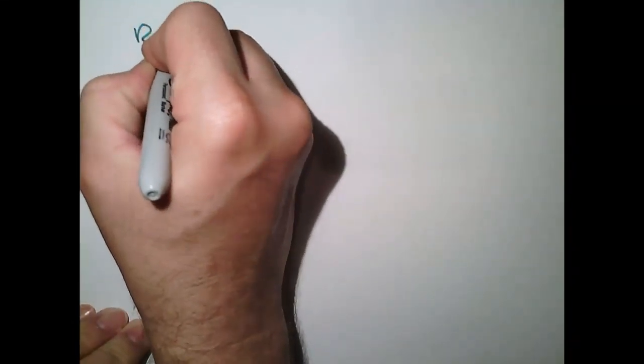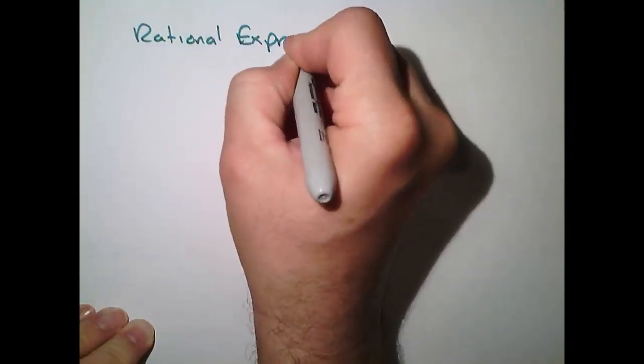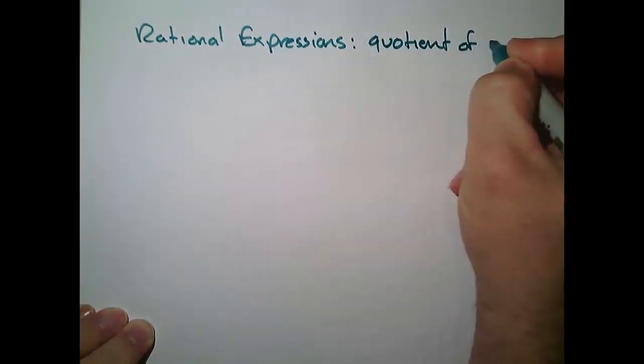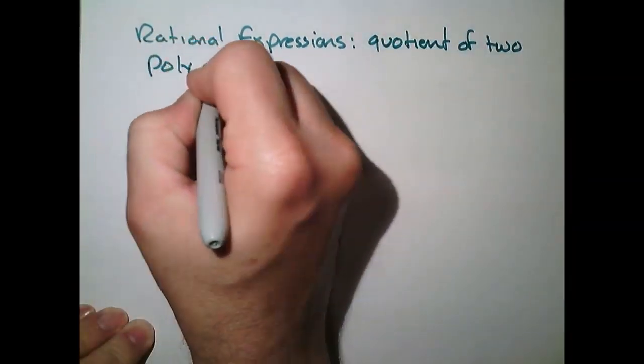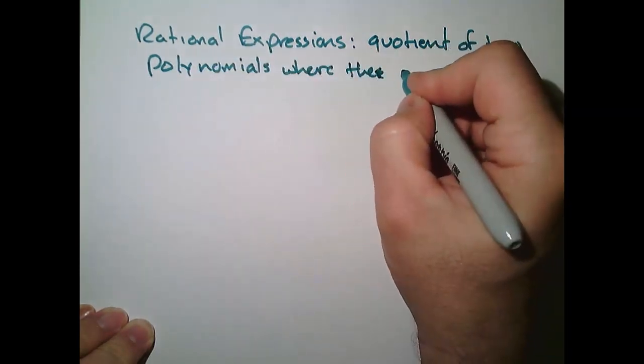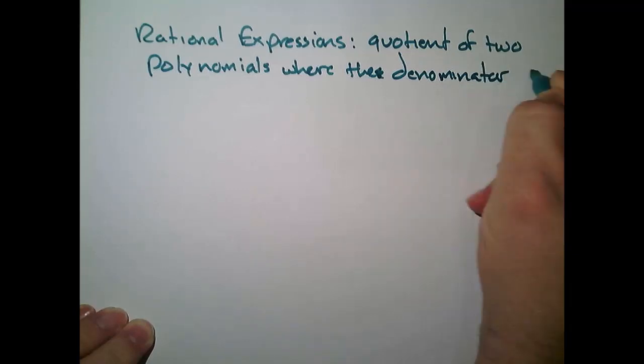Okay, let's take a look at rational expressions. And as we mentioned in the last video, a rational expression is simply the quotient of two polynomials where the denominator does not equal 0.